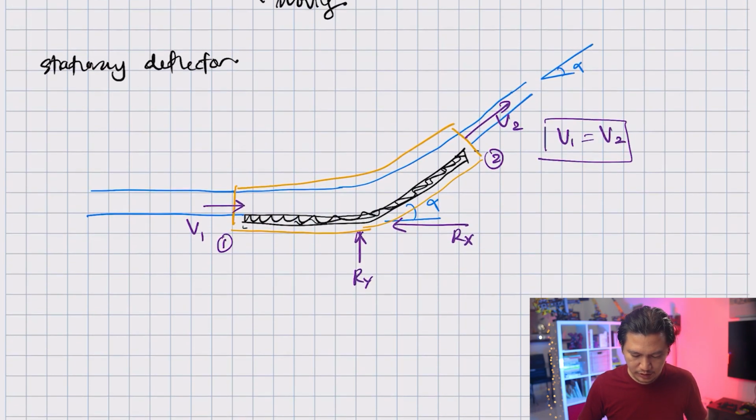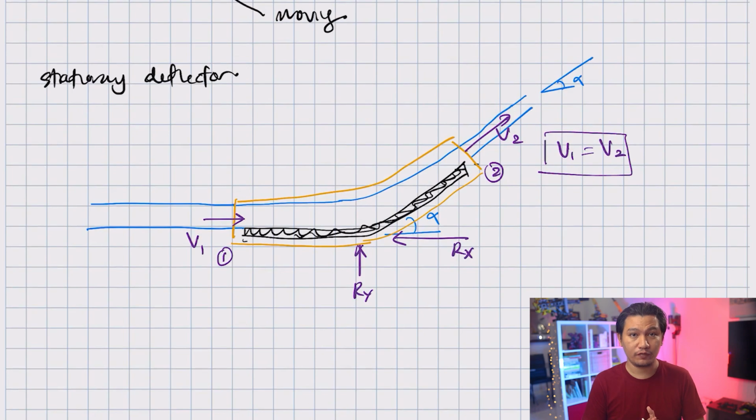If you notice here, I don't have my pressure forces, P1A1 at inlet and P2A2 at outlet. The reason is that this deflector and the water jet are exposed to atmosphere, so P1 and P2 are 0. There are no pressure forces in play here.